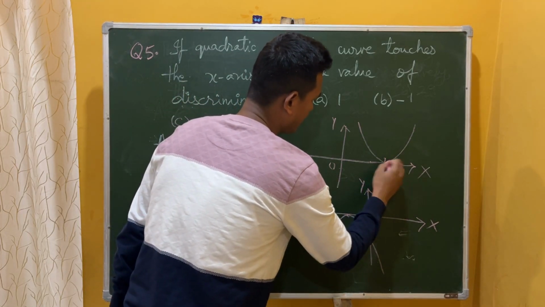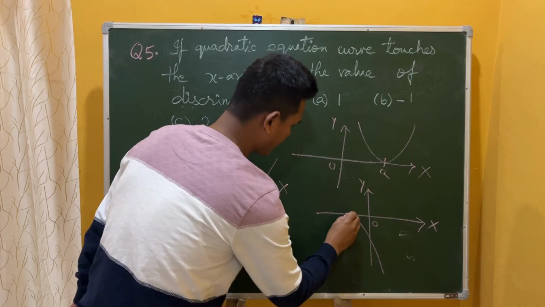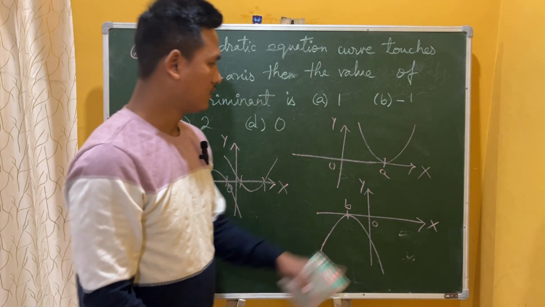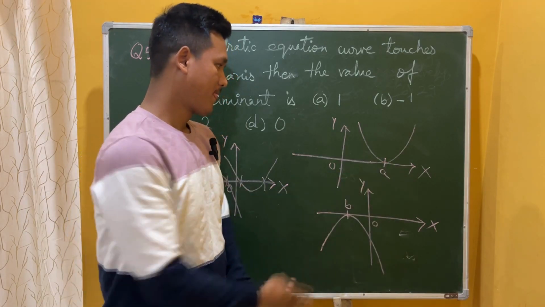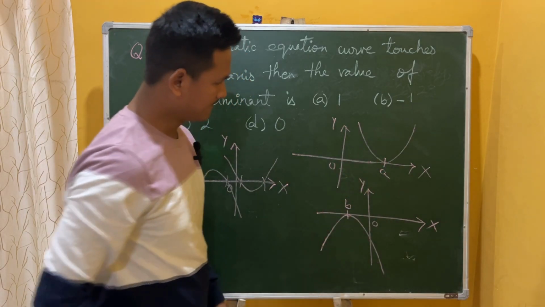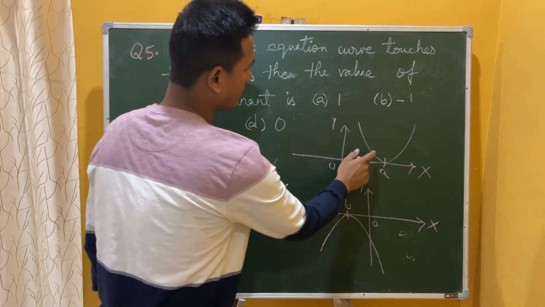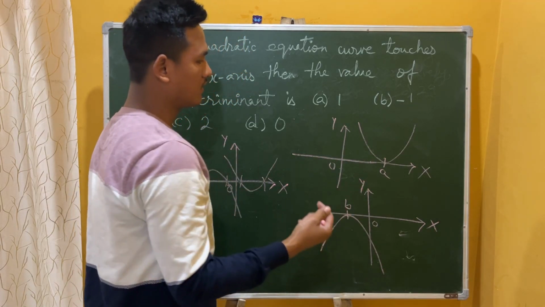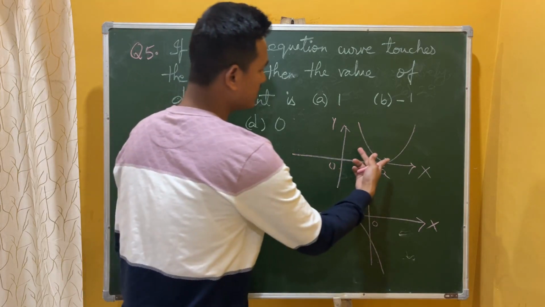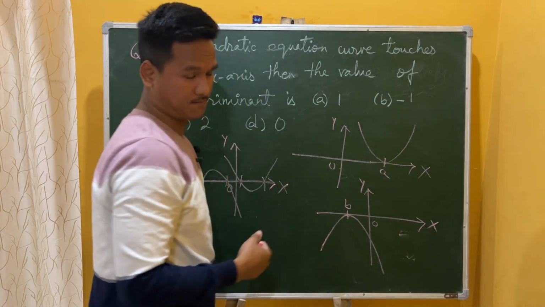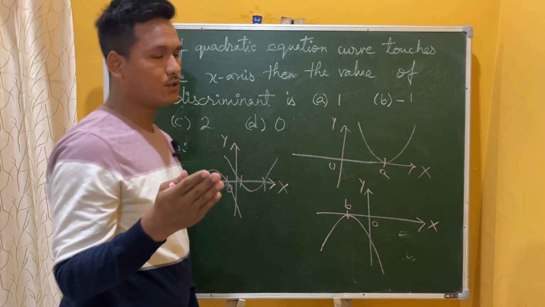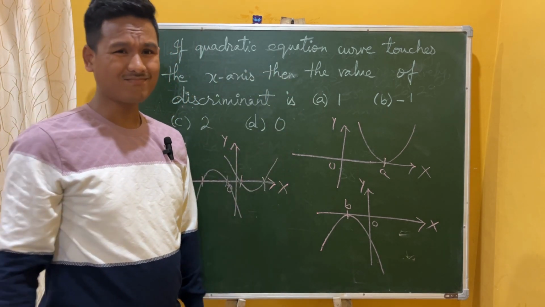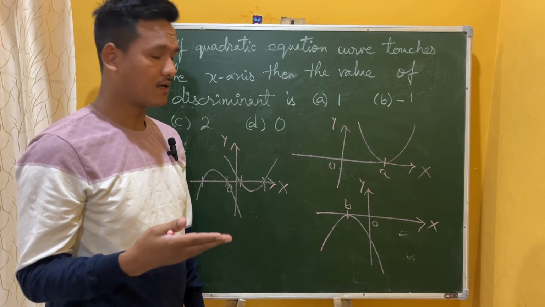Let's say the point may be any point, let's say A. In this case, you can say the point is B. So this is a case where you get the two roots of the equation equal. A situation where, when we solve a quadratic equation, the roots of the equation are the same.